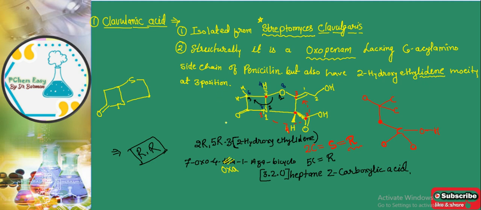If we talk about this carbon, the next attached group is oxygen here, and here it is carbon, a carbon-carbon double bond. Suppose this is the chiral center, and I have expanded this portion. This is the carbon, and it has the carboxylic group.